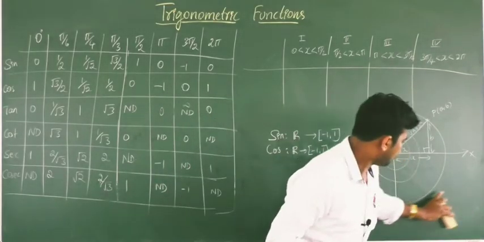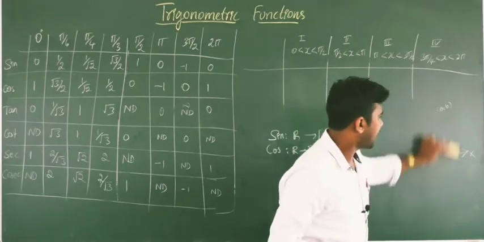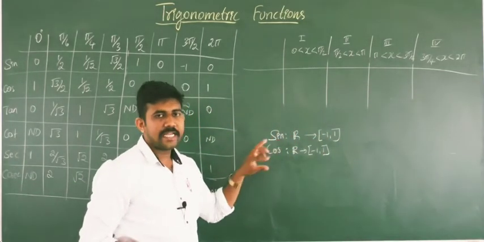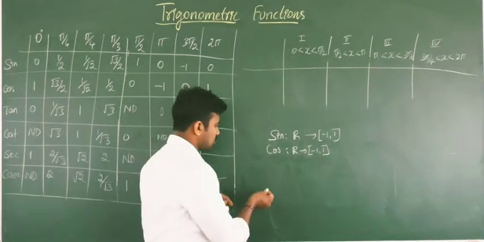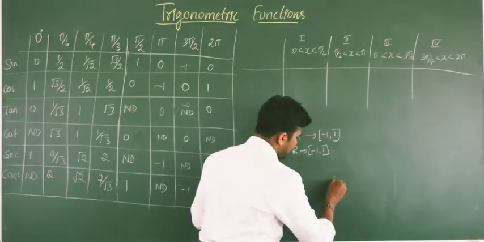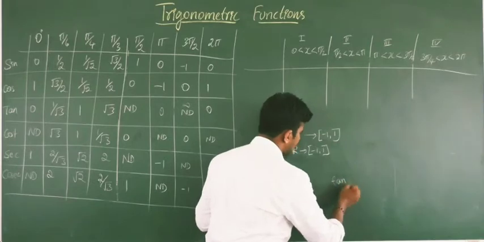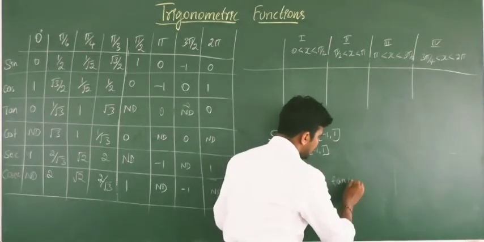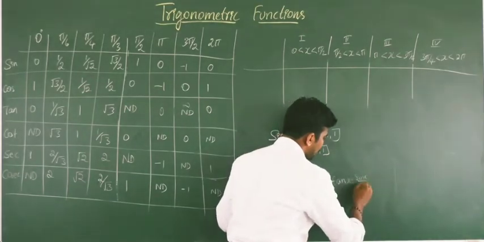Now what about the other functions? Tan is the ratio of sine and cos. So tan x is nothing but sin x divided by cos x.